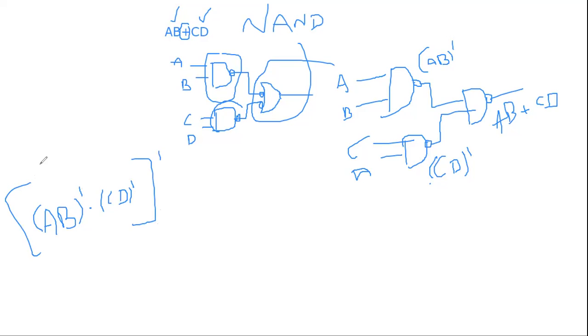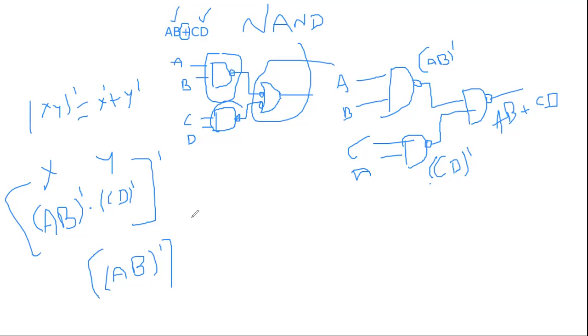Now Boolean. Consider this one as X, this one as Y. Okay, XY whole bar. Using De Morgan's theorem, what we can write? X bar plus Y bar, right? So write this one. What happened? AB whole bar, whole bar.